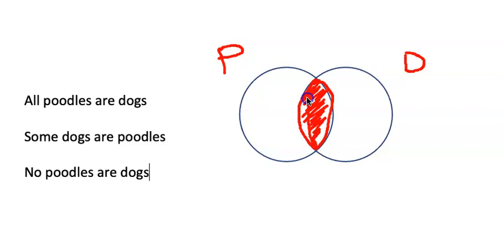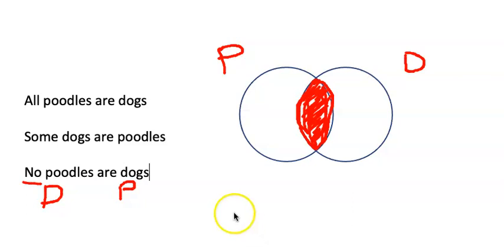We would say that there's no possible overlap between dogness and poodleness, right? And this also works in reverse. So when I say to you no P are D, it's the same thing as saying no D are P. So what we're saying is in this intersection, nobody is allowed to exist when we say no.